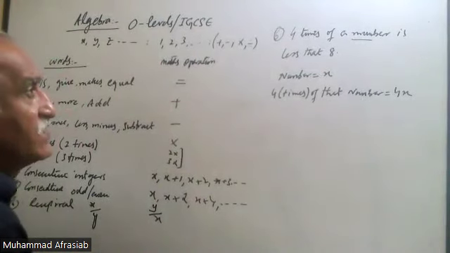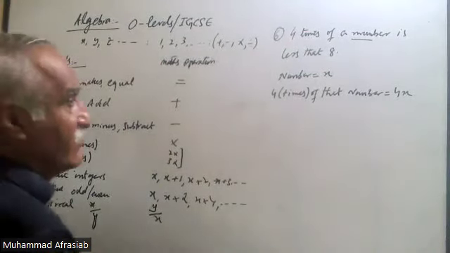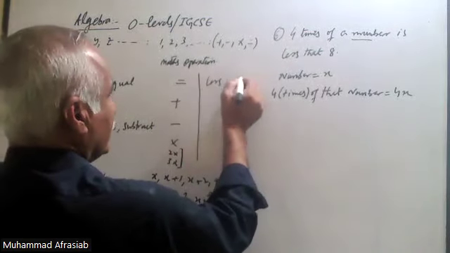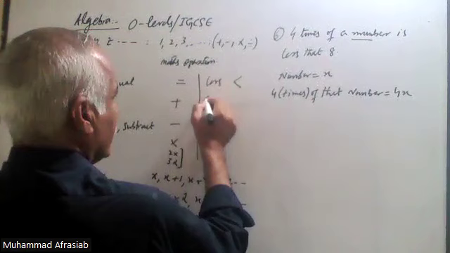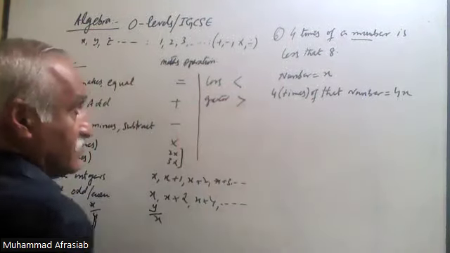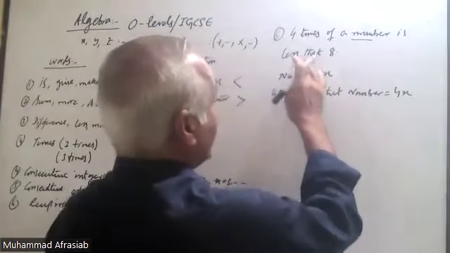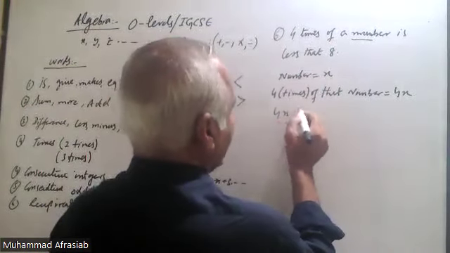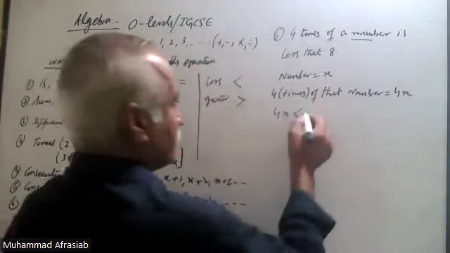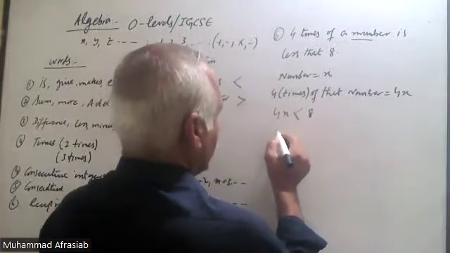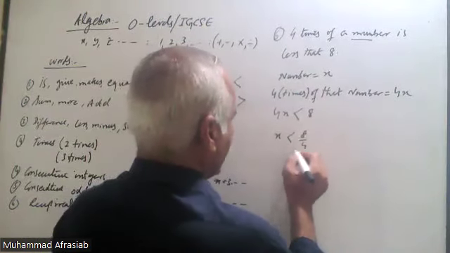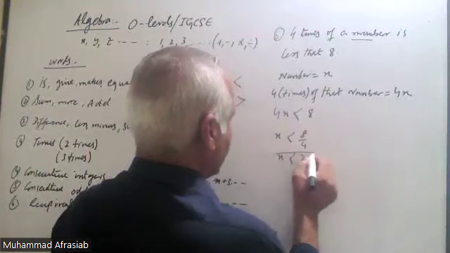Now, four times that number is less than. We know one thing more there: for less than, they use this sign, and for greater than, they use this sign. So here they are using the less than sign. So 4x is less than 8. Now dividing both sides by 4, x is less than 8 by 4, or x is less than 2.